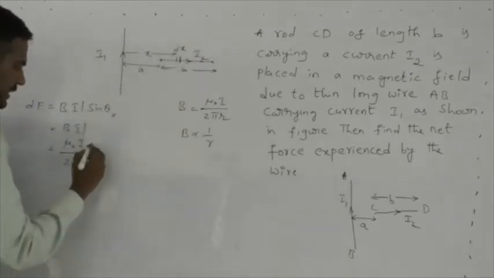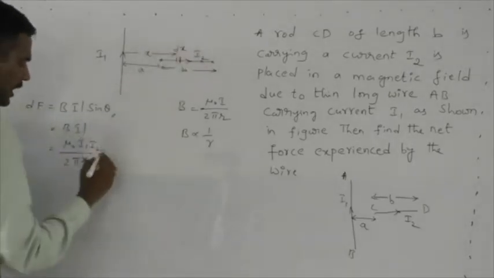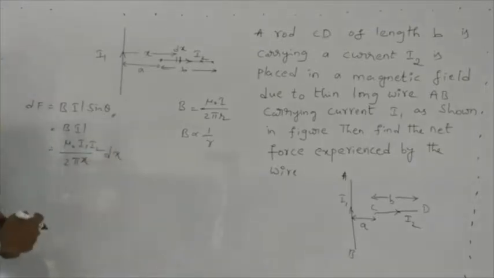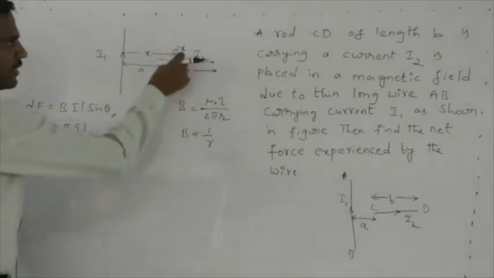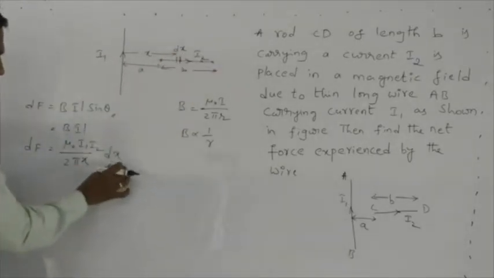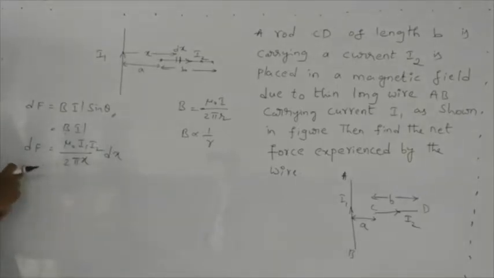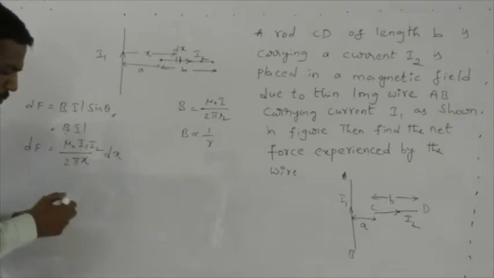Therefore this I is I2. And the length is this small element dx. So we find the force acting on an infinitesimally small element of this conductor having length dx, and that is dF equals mu naught I1 I2 by 2 pi x into dx.